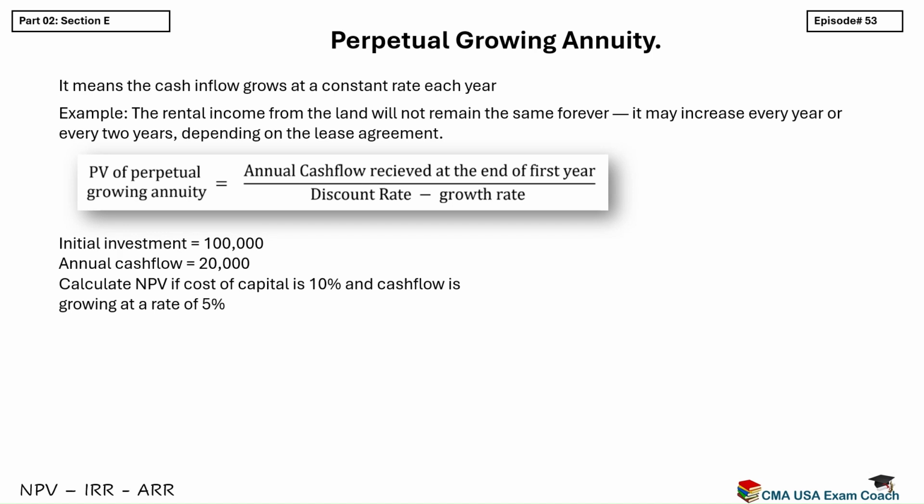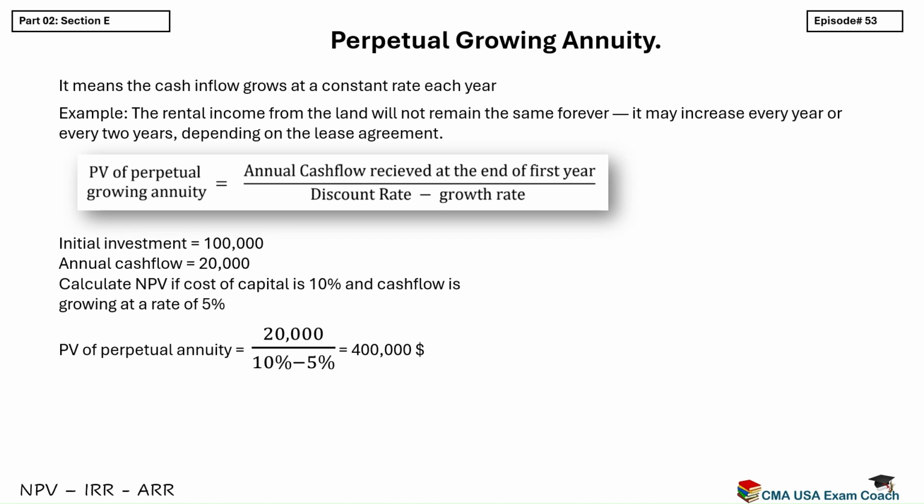Step 1. Calculate the present value of the perpetual growing annuity using the formula PV equals annual cash flow received at the end of first year divided by discount rate minus growth rate. PV equals 20,000 divided by 10% minus 5%, where 20,000 divided by 0.05 gives the answer $400,000.